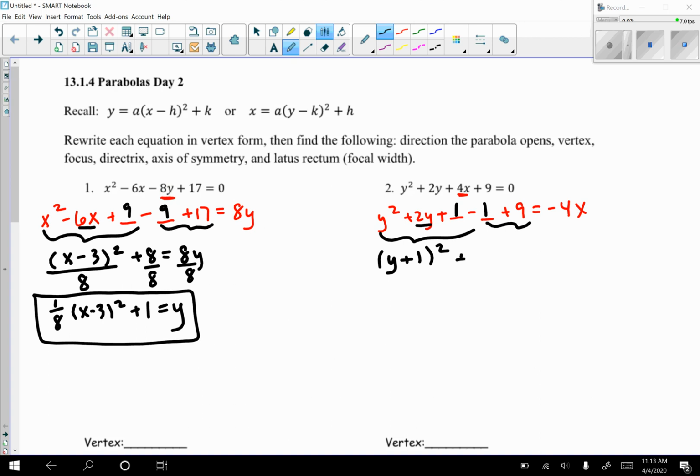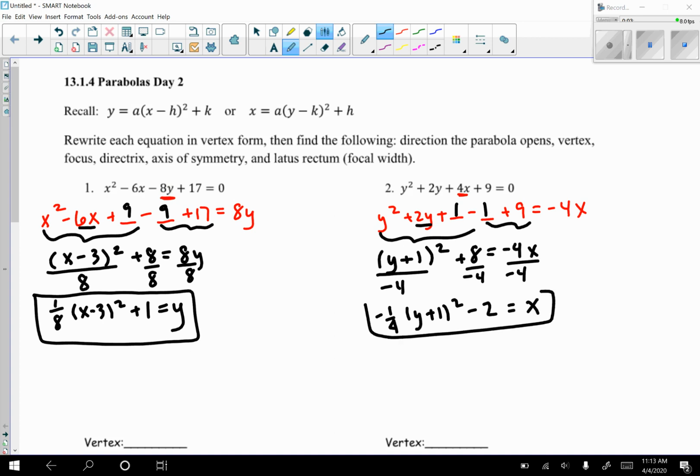So that's plus 8 equals negative 4x, divided by negative 4 for each term. And we get negative 1/4 y plus 1 quantity squared minus 2 equals x. So this is an x equals equation, and the a value is negative. That means our parabola is going to open to the left.